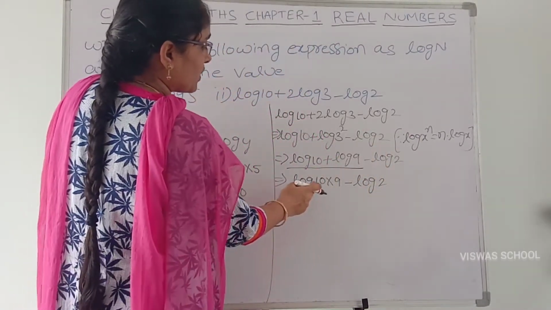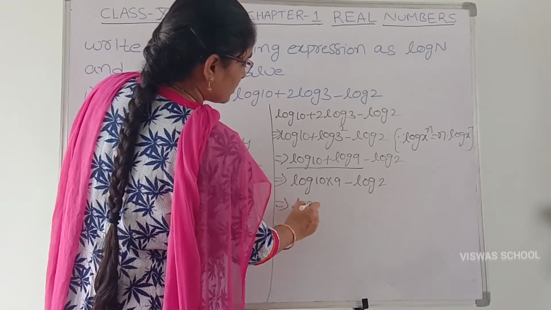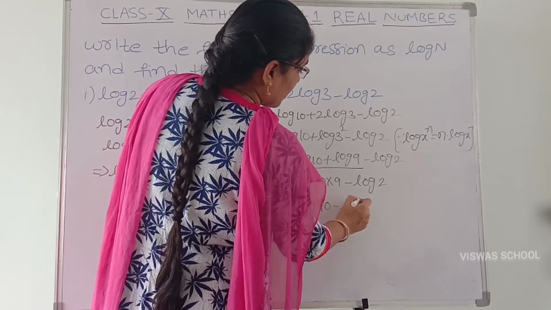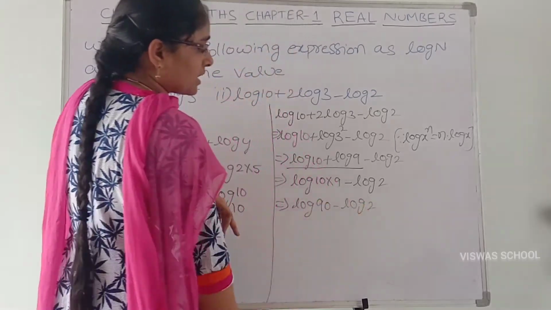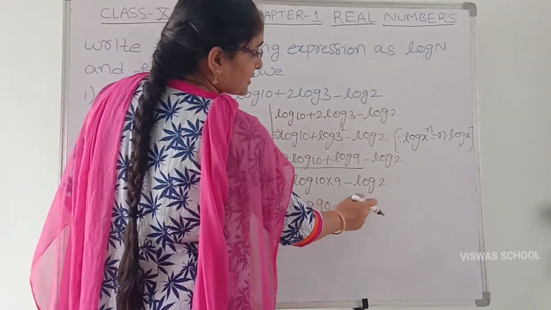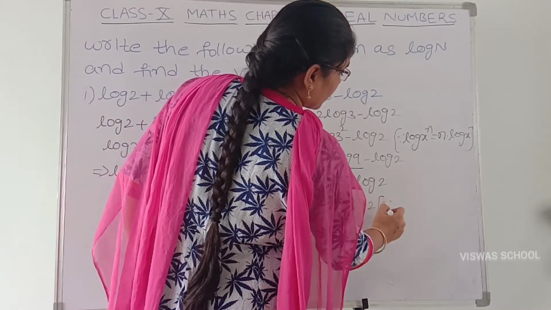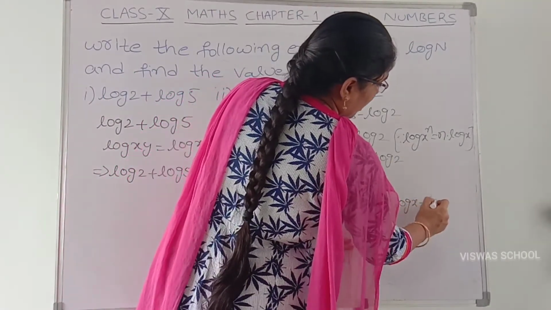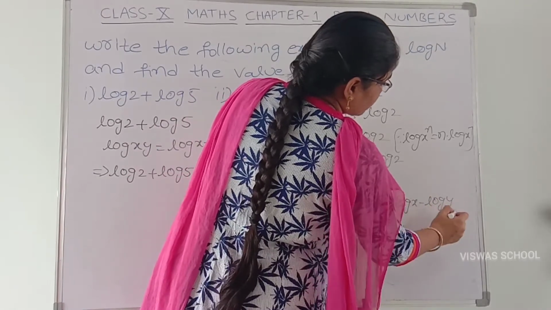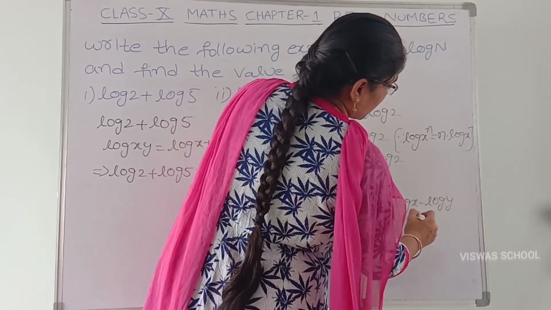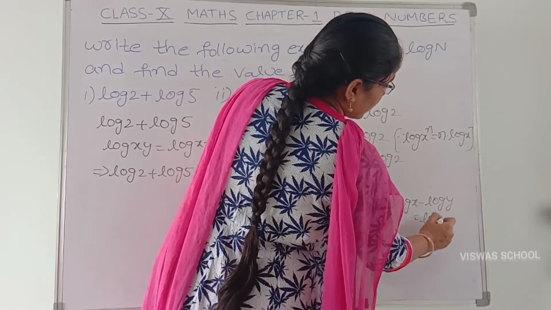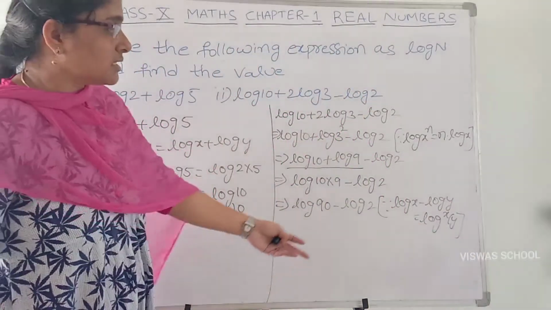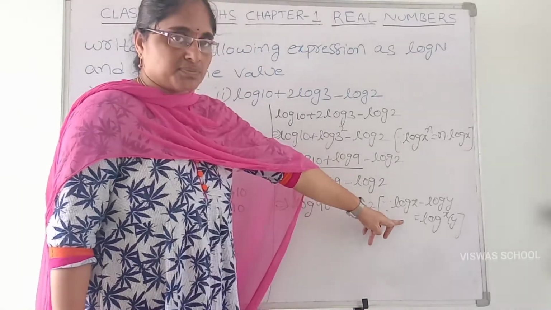Now here it is log 10 into 9, that is 90, minus log 2. Now it is in the form of log x minus log y, which is equal to log x by y.